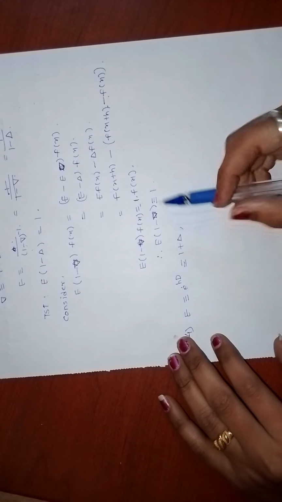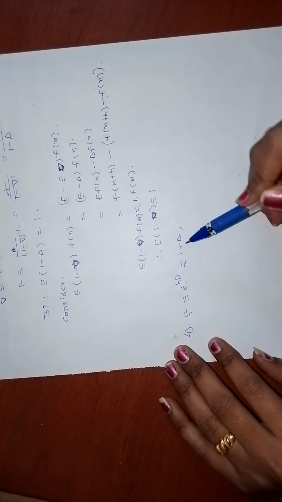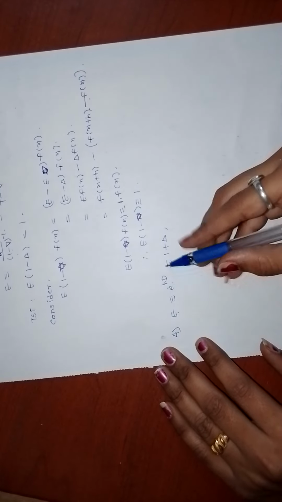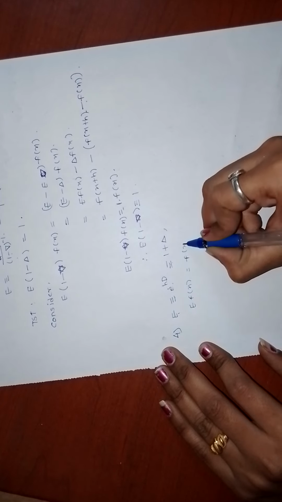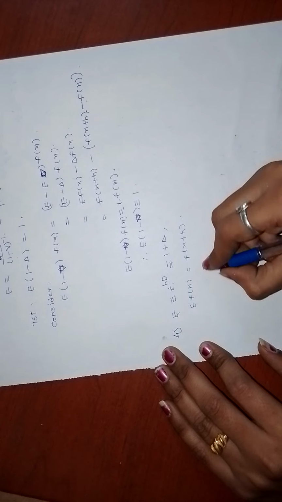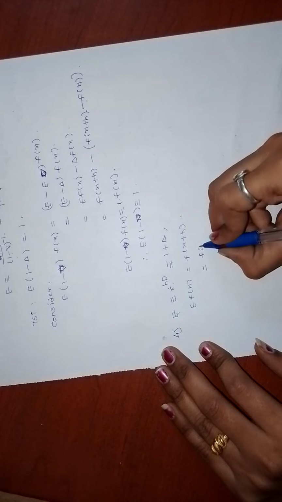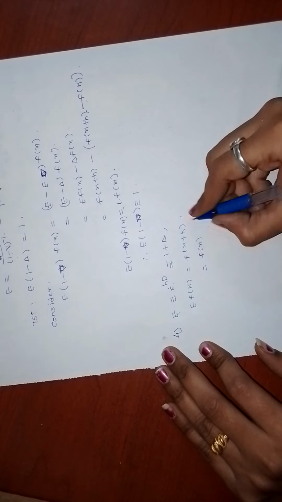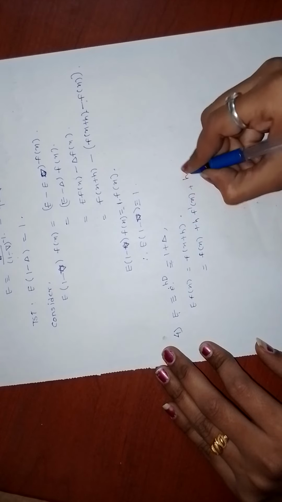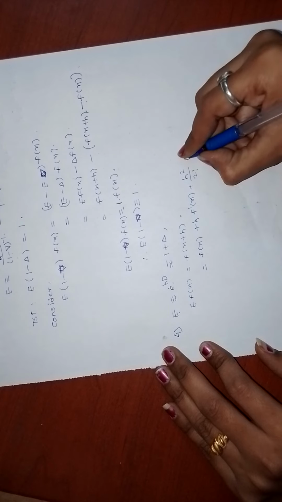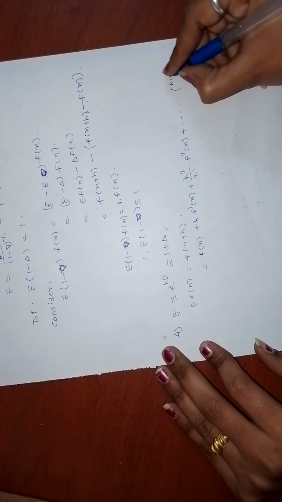Next one, the fourth property: E is congruent to e raised to hD, which is congruent to 1 plus delta. For this we take E into f of x, which is f of x plus h. For this we use Taylor's theorem. From Taylor's theorem we get the expansion of f of x plus h as f of x plus h into f dash of x plus h square upon 2 factorial f double dash of x, and so on.